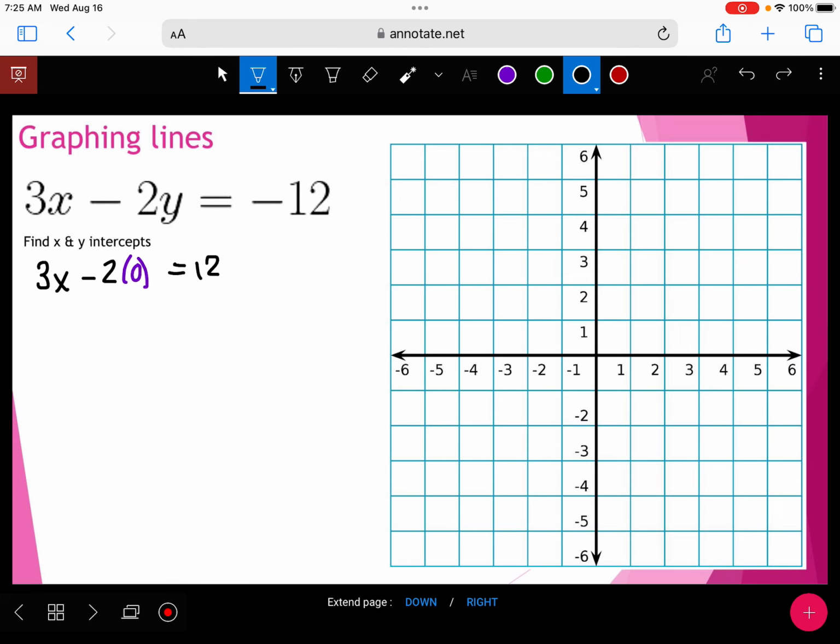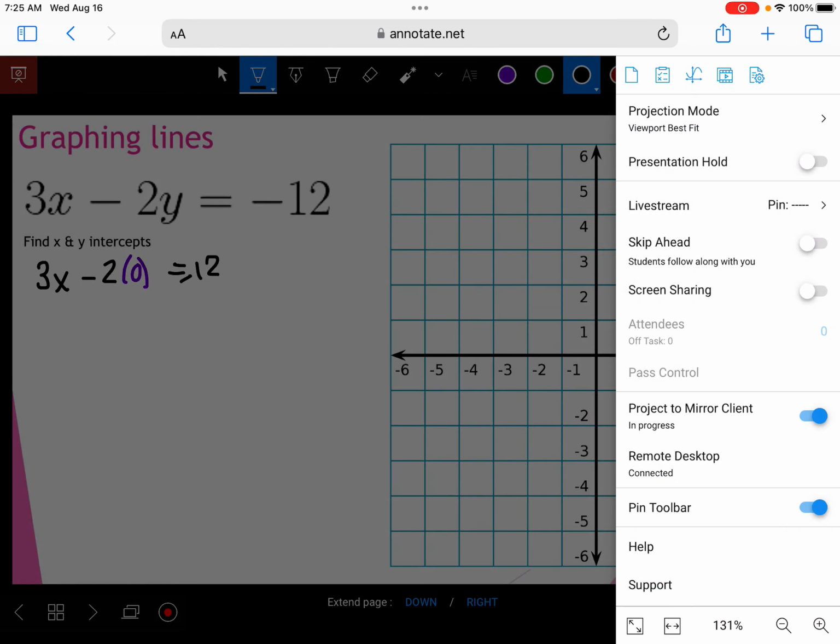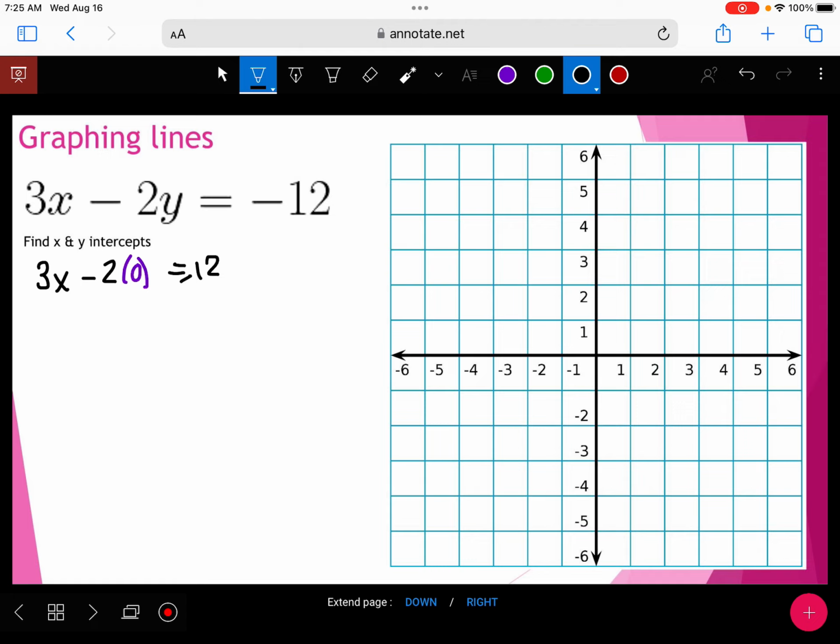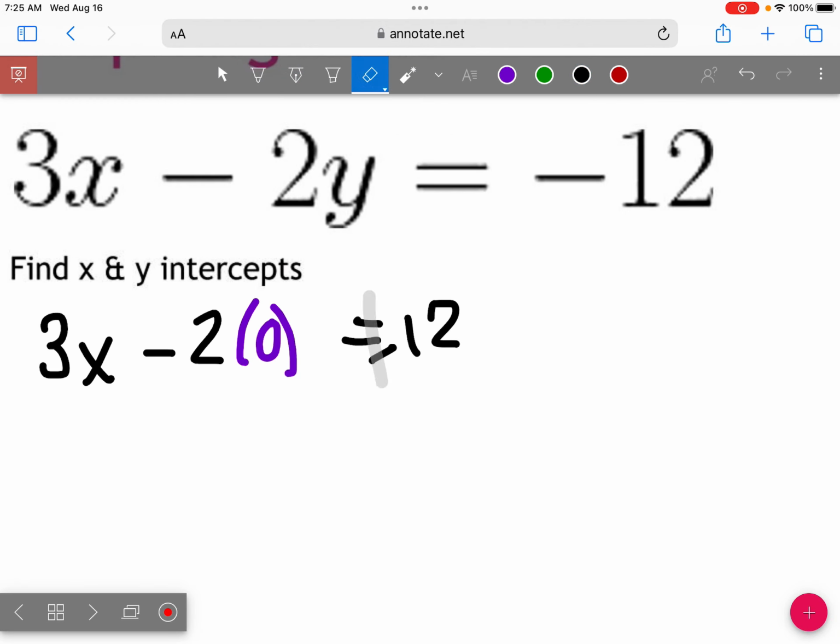Okay, that minus sign is actually supposed to be there. There we go. That's equals negative 12, and it just looked weird. The easy way to do this is, well, 2 times 0 is 0.